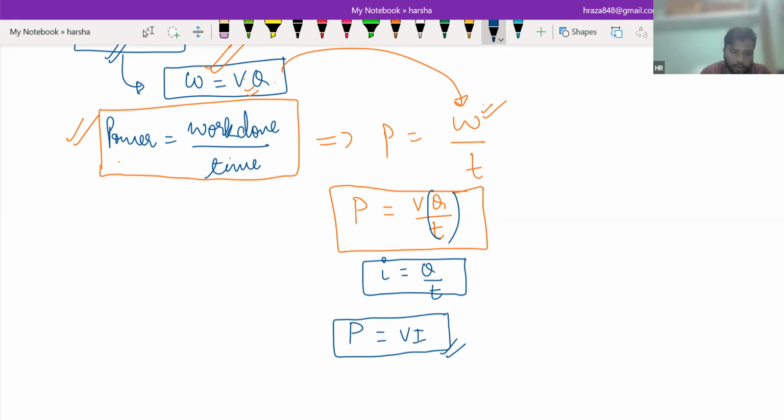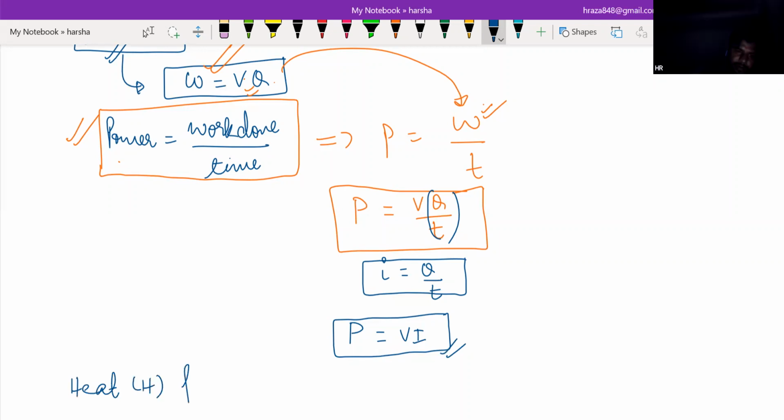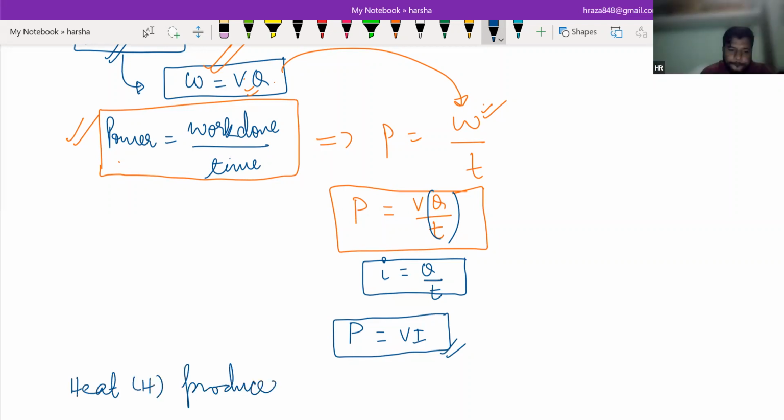Now we are going to talk about heat. So heating effect, I'm going to write heat produced, that means H, produced in time T. In time T, whatever is the time for heating, H will be equal to P into T, and you know that P is equal to VI.